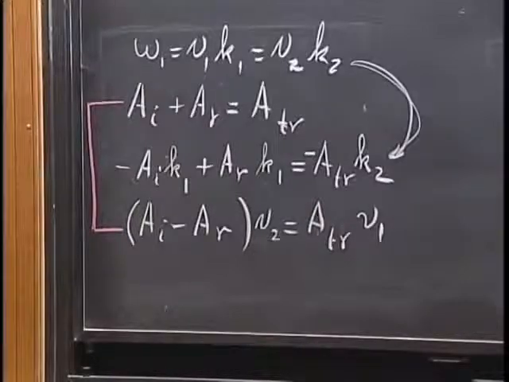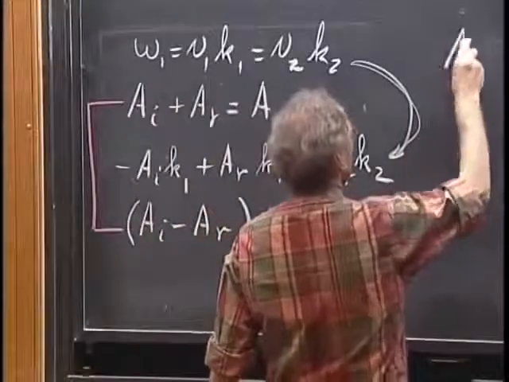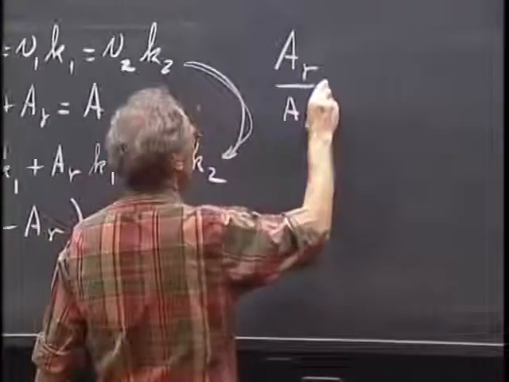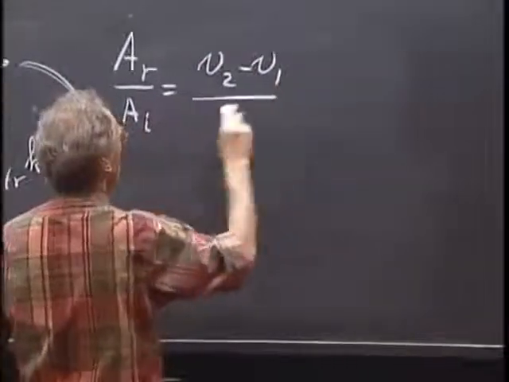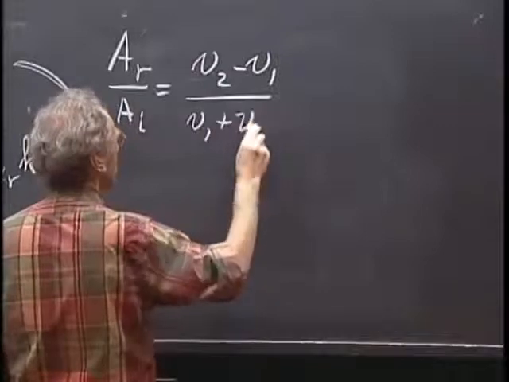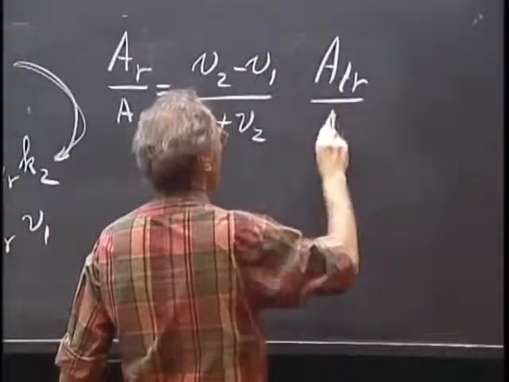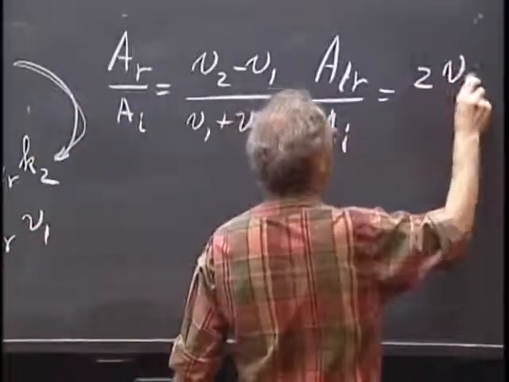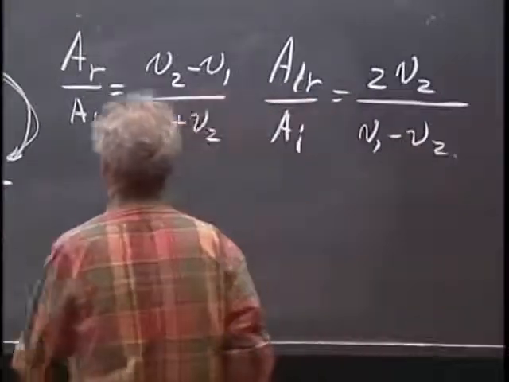And what comes out of that, this is also worked out in French, is that the reflected amplitude over the incident amplitude is v2 minus v1 divided by v1 plus v2, and a transmitted divided by the amplitude of the incident one is 2v2 divided by v1 plus v2.